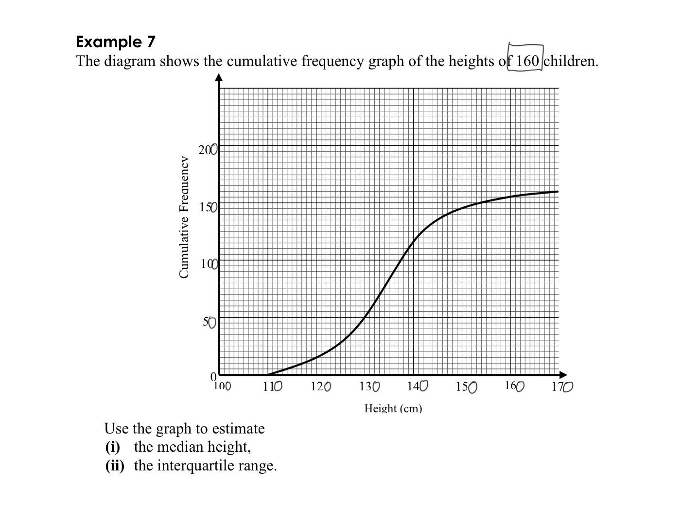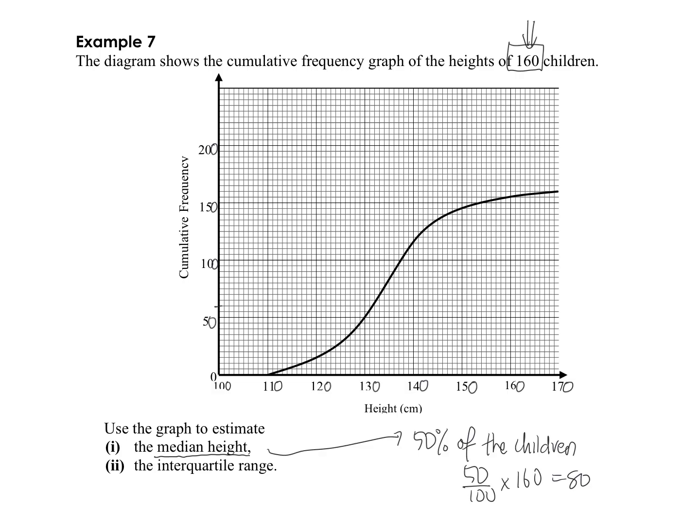Okay, I want to find the median height. Median means I want to know what is the height of 50% of the children. So first of all, I need to find what is 50% of the children who took part in this test. Out of the 160, 50% of them means how many? 80. So I want to know what is the height of 80 of the children. So I go to my graph.